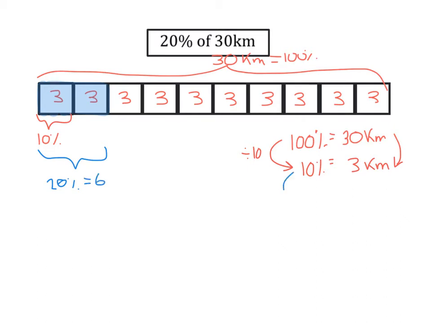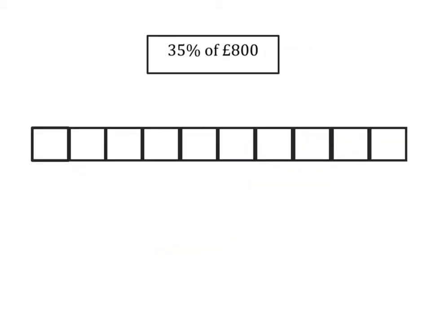And that's exactly what we did here. We times our 10% by 2 to give our 20% is 6 kilometres. So that demonstrates a bar model and a proportional way of thinking to work out percentages of amounts.